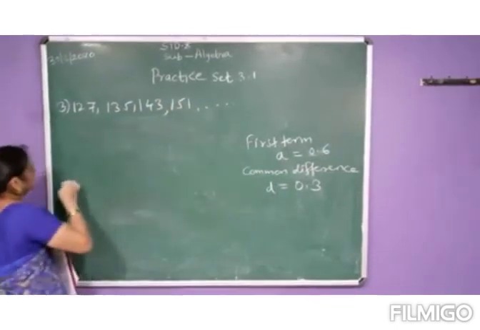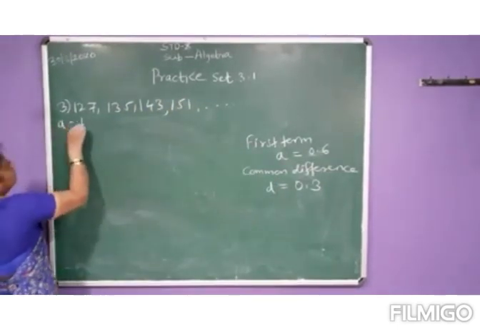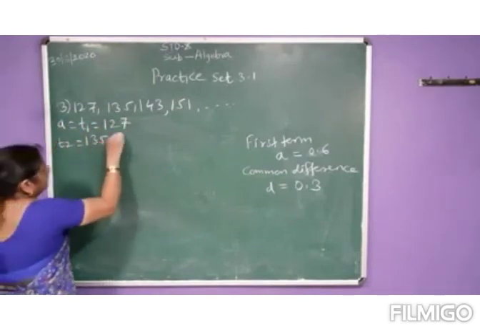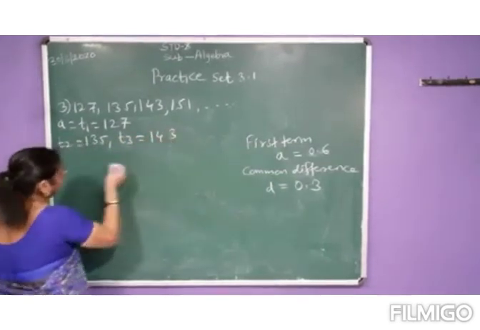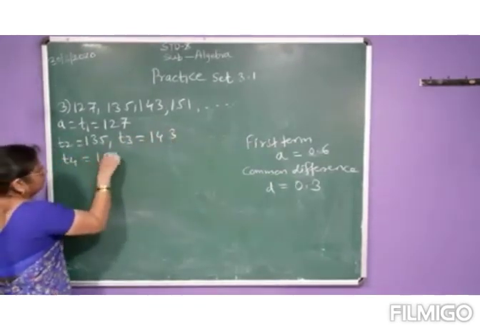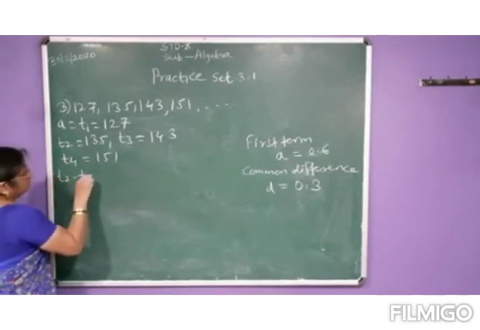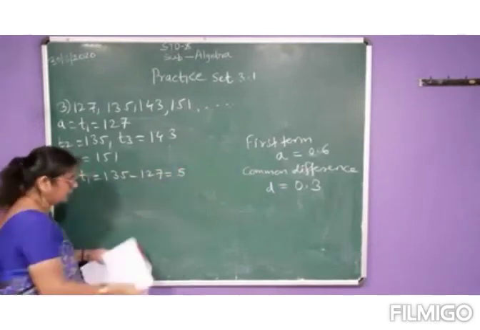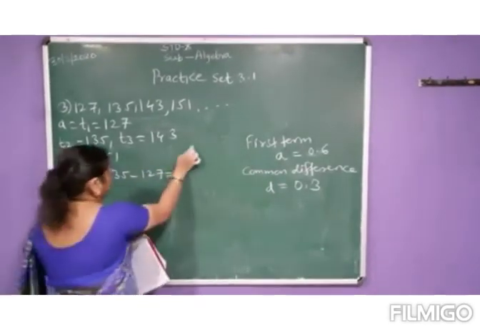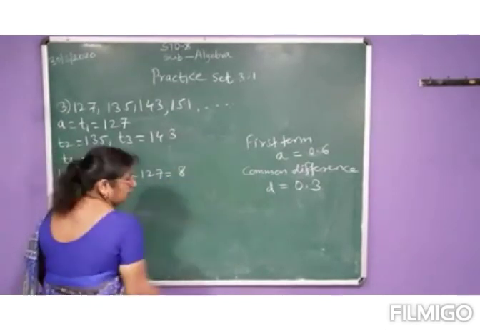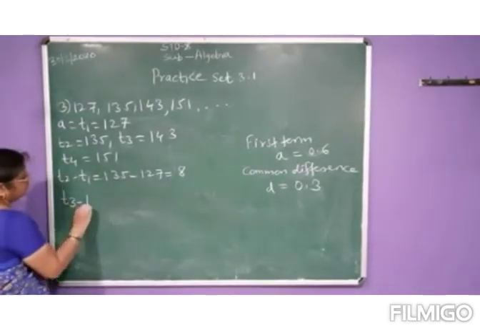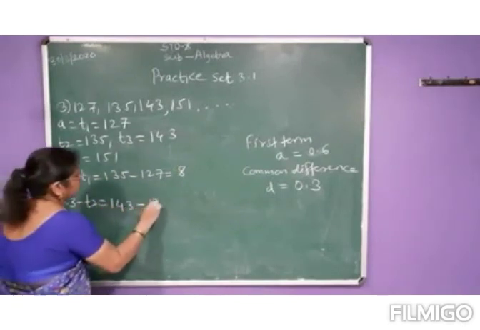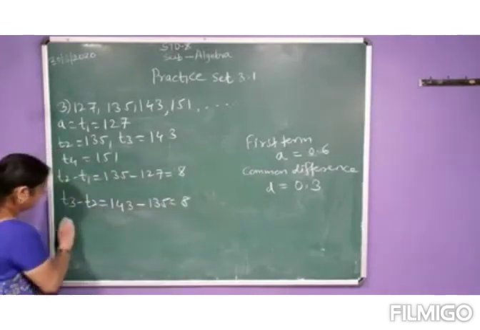151. Now here T1 is 127, T2 is 135, T3 is 143, T4 is 151. T2 minus T1, 135 minus 127, you will get 8. Then T3 minus T2, 143 minus 135, again 8.